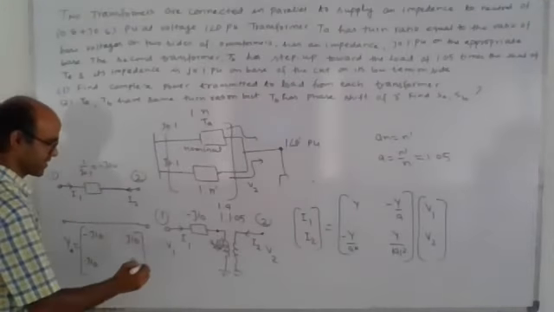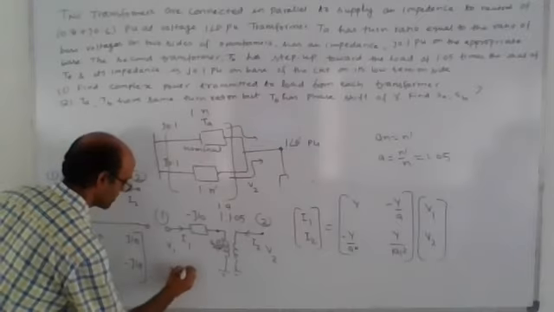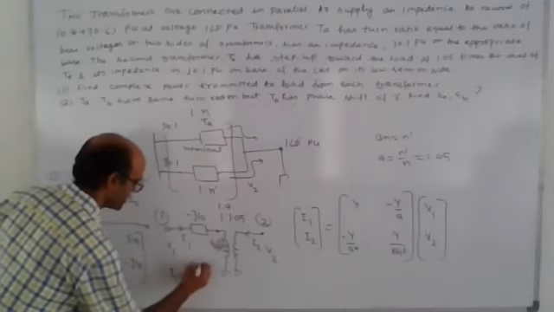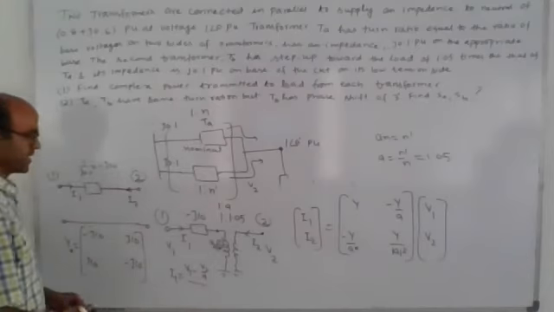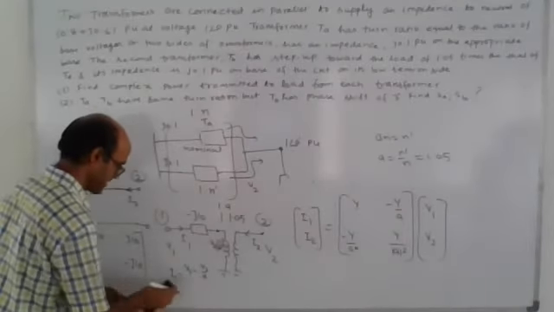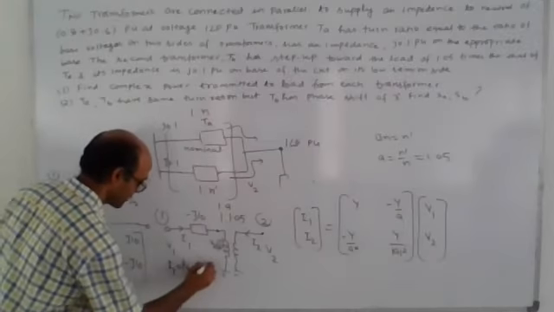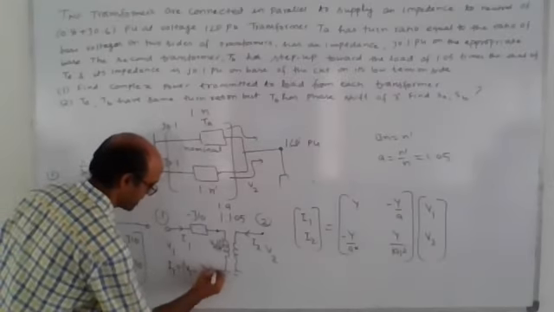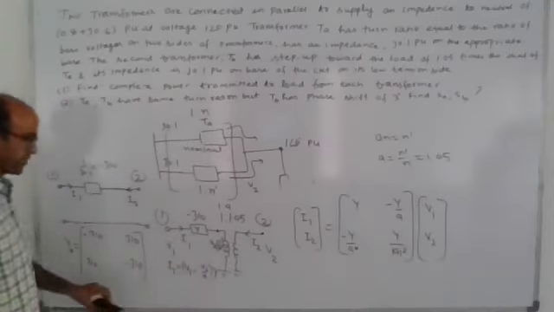What is the I1 current? I1 is V1 minus V2 by a, divided by impedance. But here it is admittance, so we multiply by it. Suppose this is y. Simply I multiply by y.